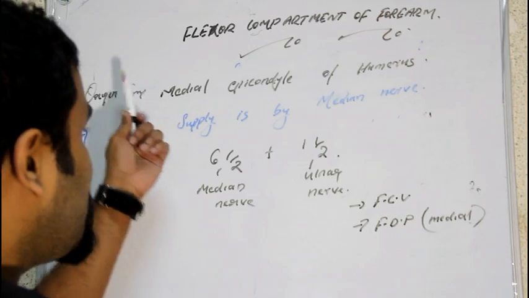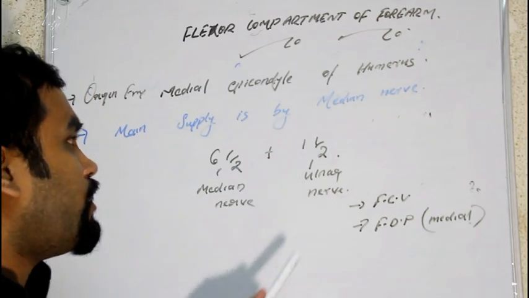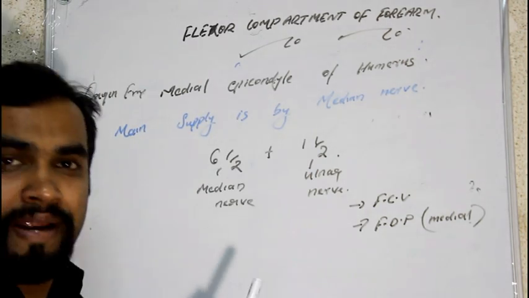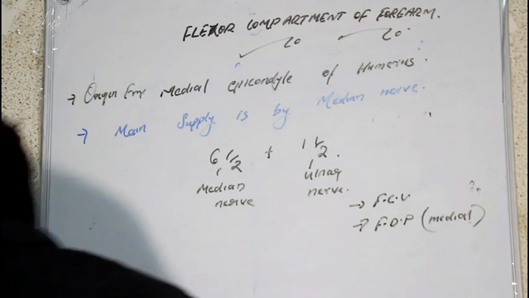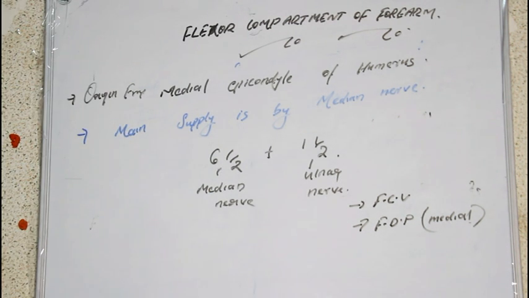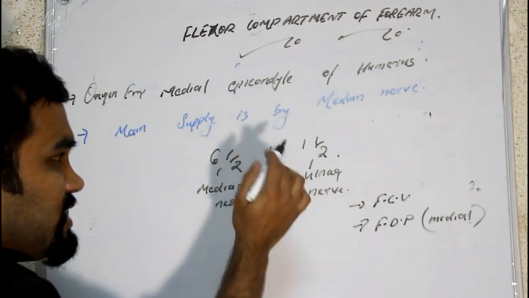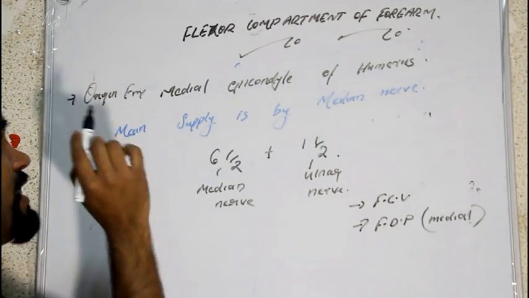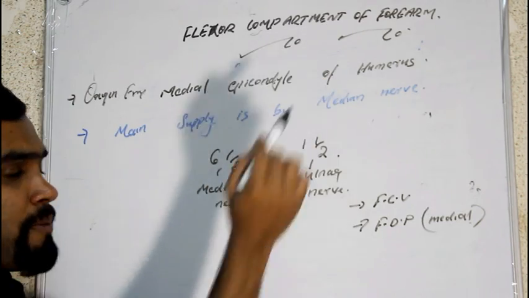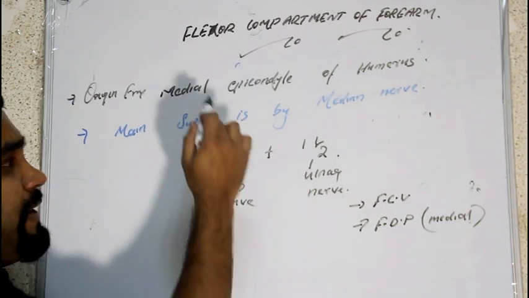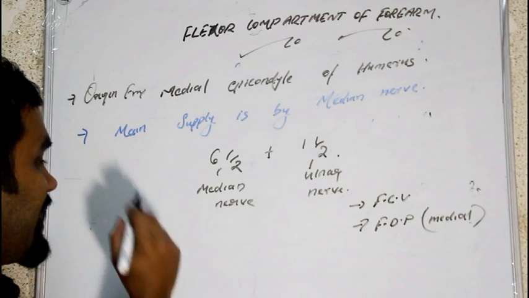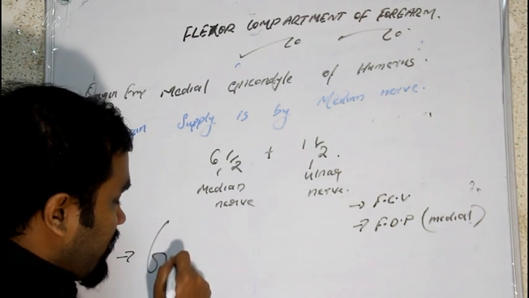So all these muscles originate from the medial epicondyle of humerus and are mainly supplied by median nerve. There is a clinical condition if there is any damage in the medial epicondyle of humerus, or these muscles, or the median nerve. When the flexor compartment of forearm is not working properly due to damage in the medial epicondyle, this condition is known as golfer's elbow.